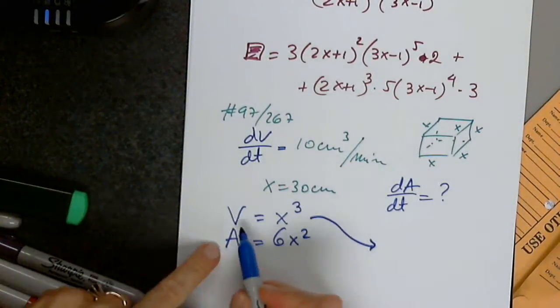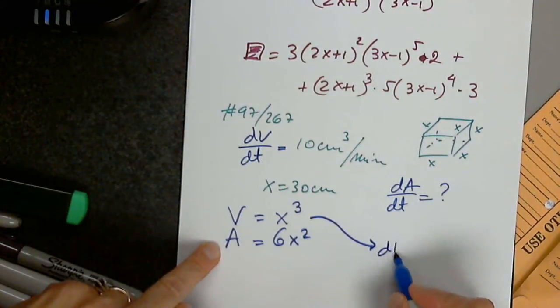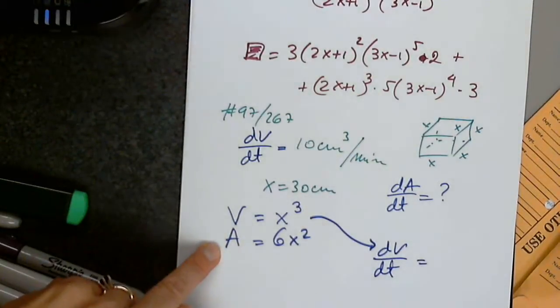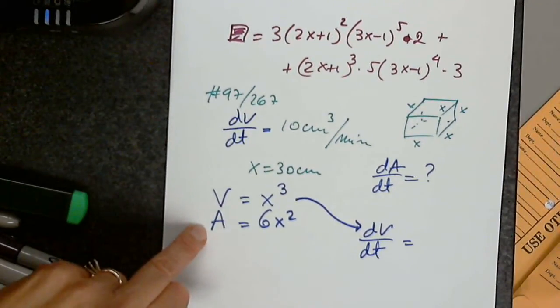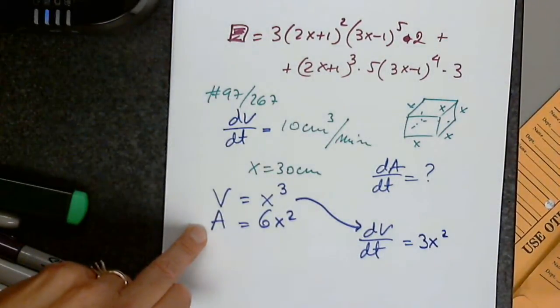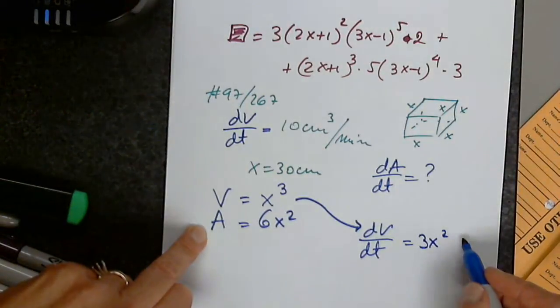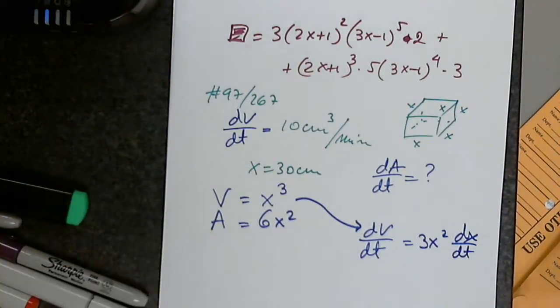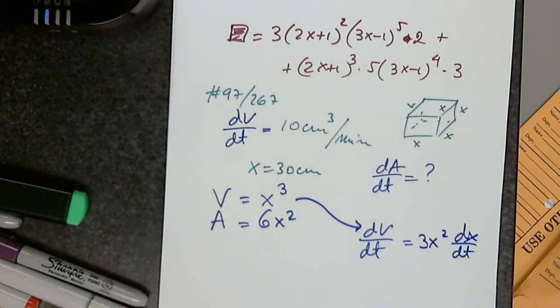So then when we differentiate both sides here, you will get dV over dt, and the right-hand side will be 3x squared. Thank you. Perfect. Very good.